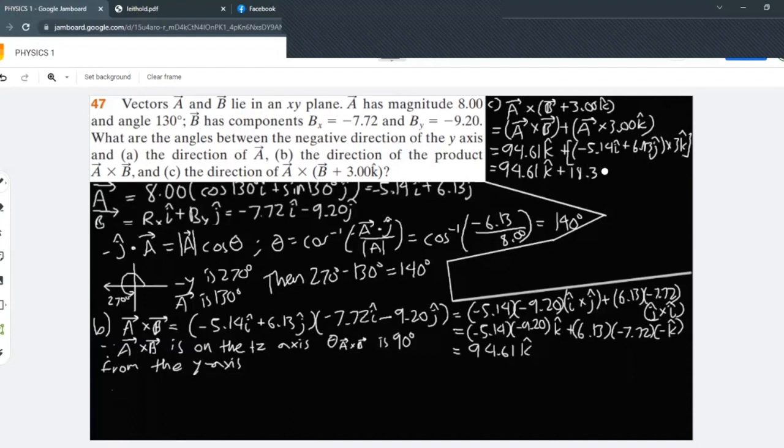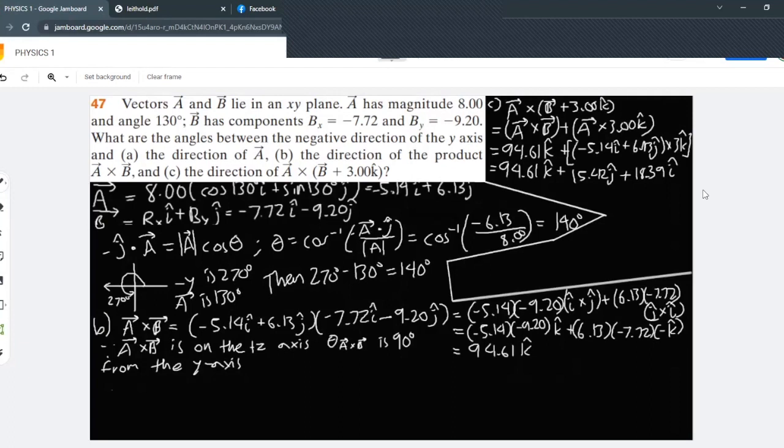I cross K is, so negative 5.14 times 3 is negative 15.42.